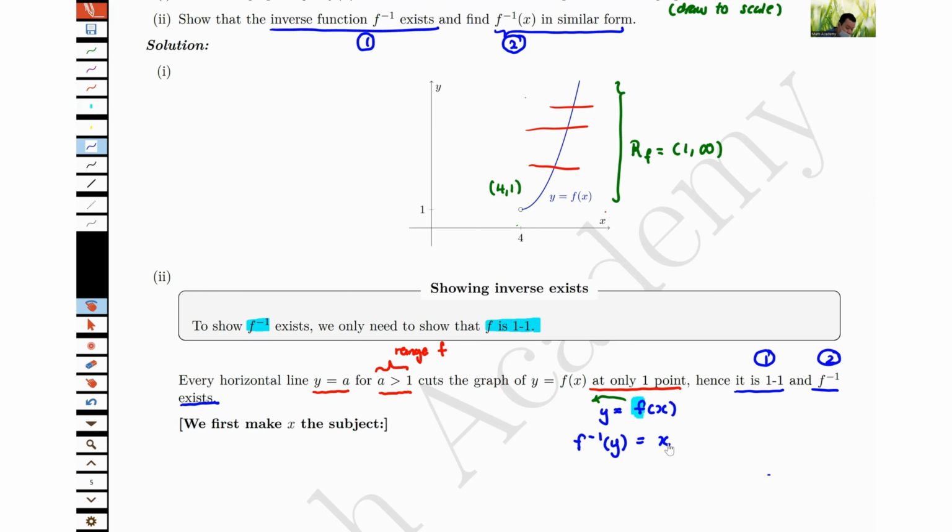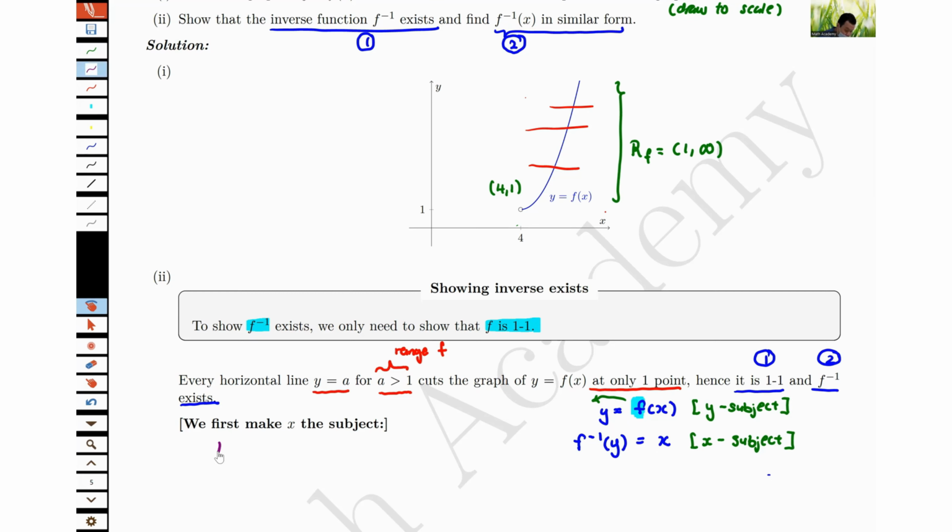And more crucially, the difference between f(x) and f inverse is who is the subject. For an f function, you have y being the subject of the equation. For the inverse function, it is actually x being the subject of the equation. So we change that and make x the subject.